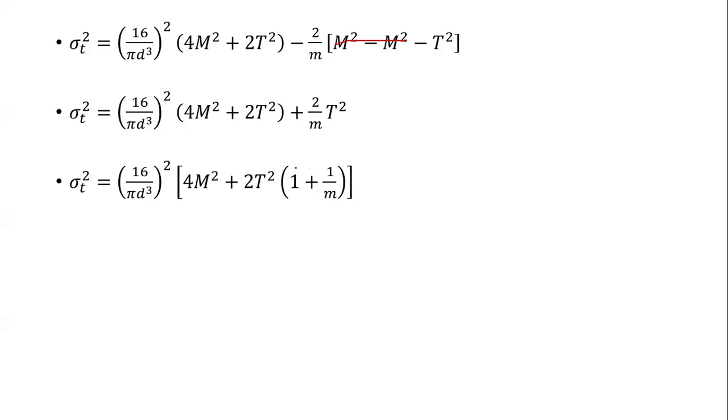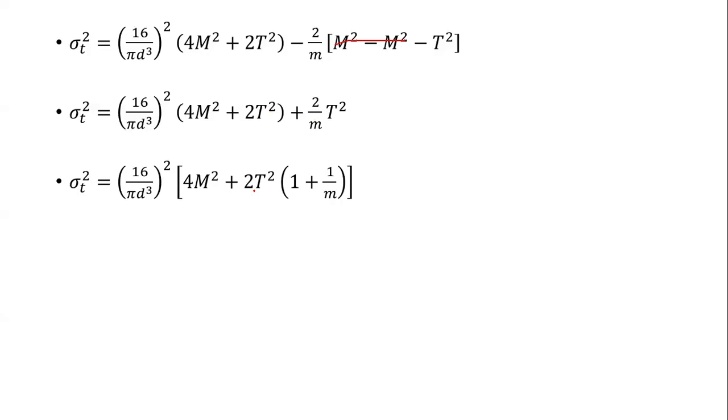In other words, if you look at this, I'll have this expression coming there, and there will also be 2 over m. There's a t squared over there. Nothing is going to be changed. Everything will just be the same. So here, there's 4m squared plus 2t squared, then 2 over m, then there's a t squared there. So then the whole of it simplifies to 1 plus 1 over m. Then we've maintained what is on the other side.